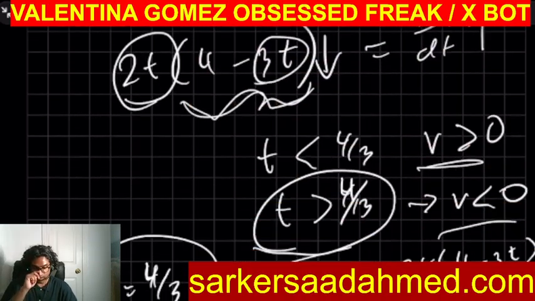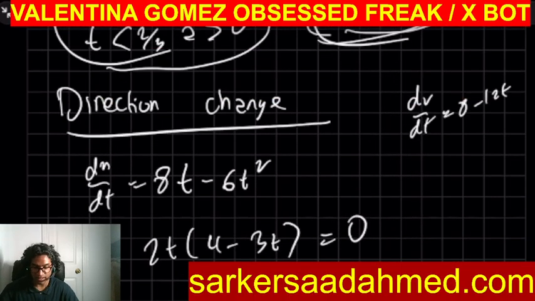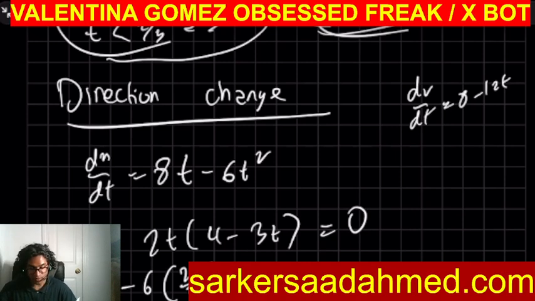Now, if you want to calculate the maximum velocity, you take t is equal to 2 by 3 in the velocity, 8t minus 6t square. So 8 times 2 by 3 minus 6 times 2 by 3 squared. That is 16 by 3 minus 24 by 9, so 48 by 9 minus 24 by 9, which gives 24 by 9.